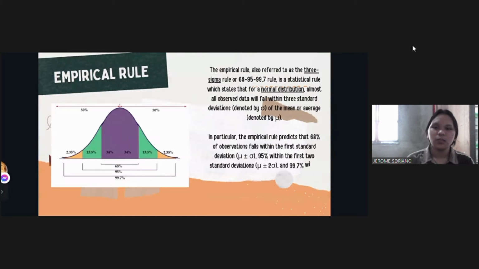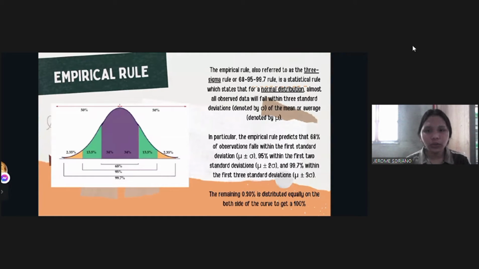So let's move on to the empirical rule. The empirical rule, also referred to as the 3 sigma rule or the 68, 95, 99.7 rule, is a statistical rule which states that for a normal distribution, almost all observed data will fall within 3 standard deviations of the mean or average.